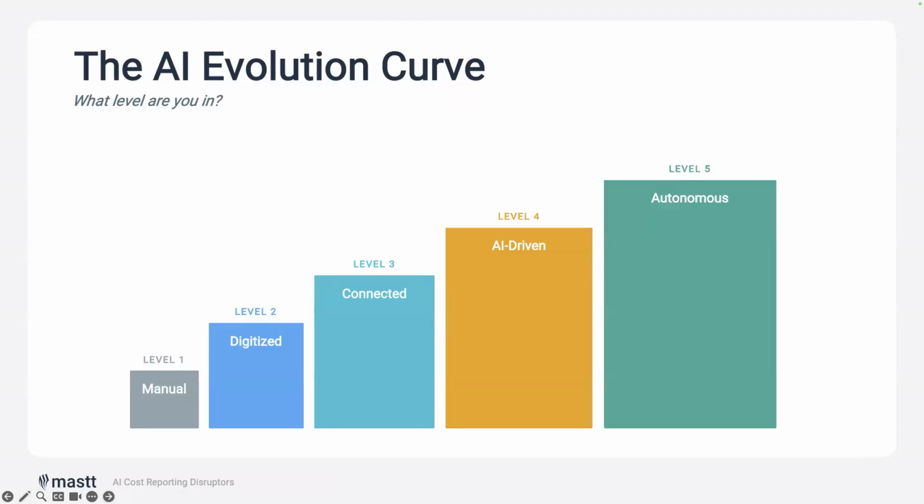And then the last one is level five, and this is autonomous. This is that God tier, and it isn't just AI generating reports. This is AI monitoring, updating, flagging issues in real time. This is that agentic style of implementation that we're talking about. So you're not building anything. You're there purely as the expert.